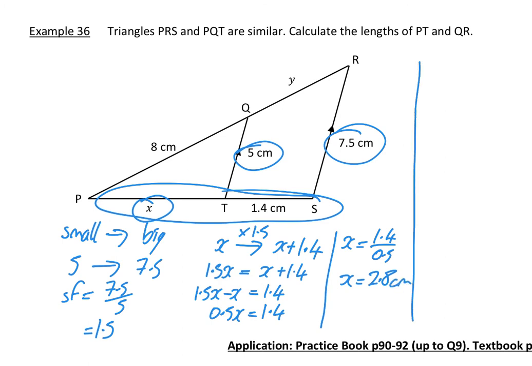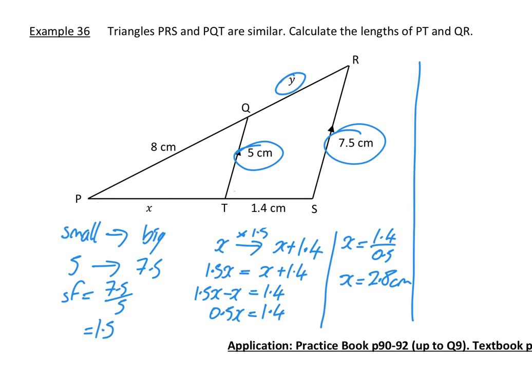Okay, to do the next bit, we're looking to find our Y. So Y is up top here, and Y is just this wee section. Wee bit trickier this one to maybe understand what's going on, but you've got 8 on the small, and it gets multiplied by 1.5, and it becomes this whole length here.